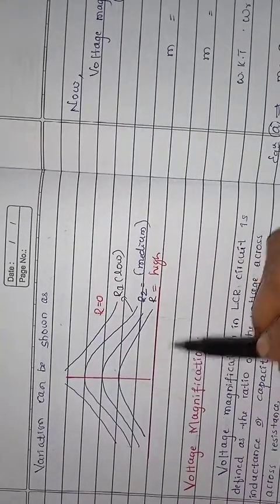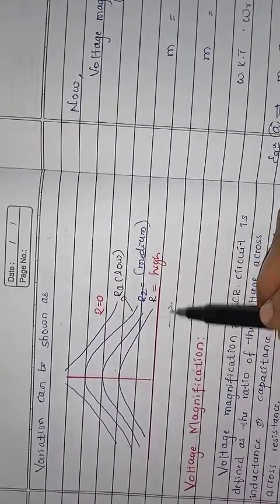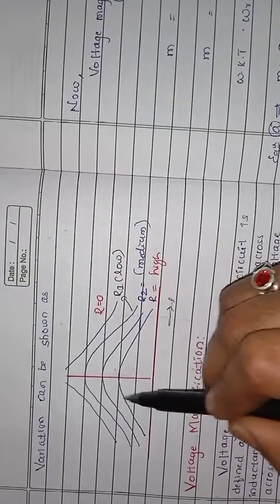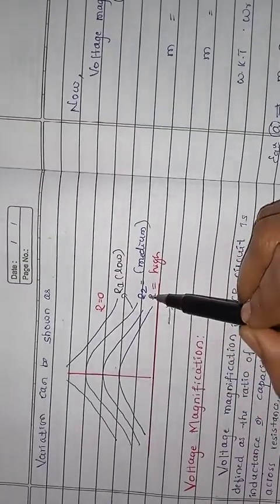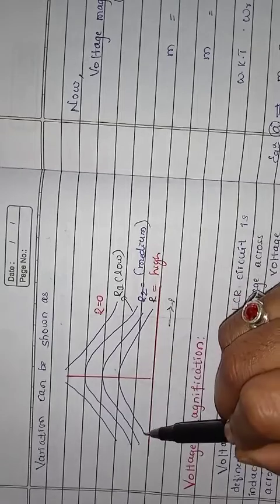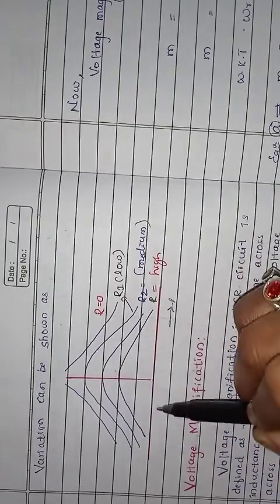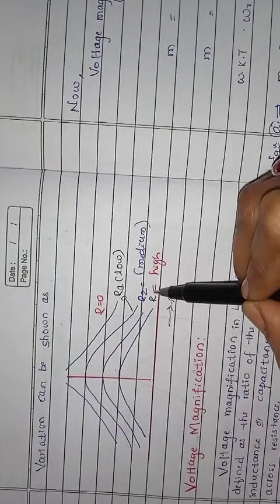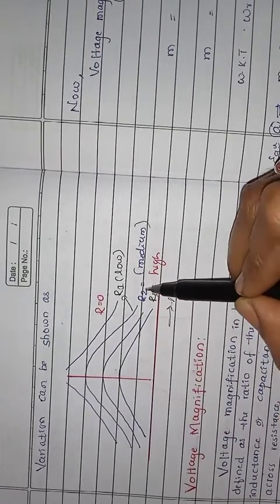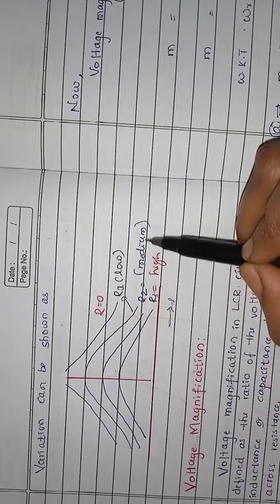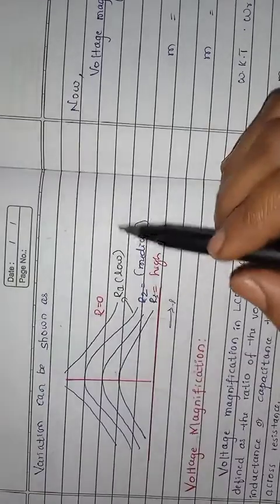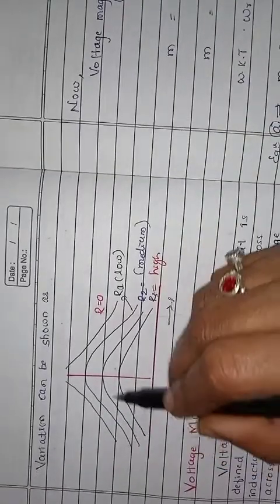That variation can be seen in this figure. This is frequency and this is current. If resistance is high, the resonance curve is like this. If this is R1, R2, R3: if the resistance is medium, not too high and not too low, then the curve is like this.